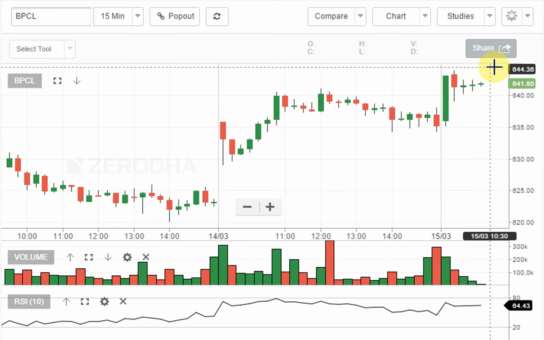See, Union Bank is just flying. Even 252.5 will be achievable.